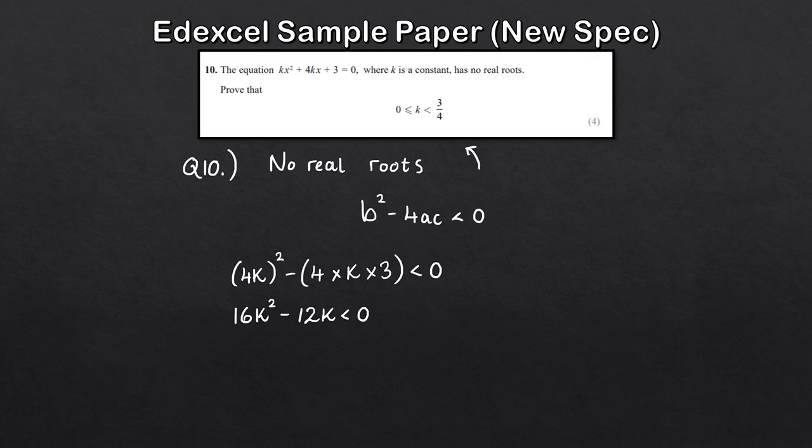And just a quick point here, if you take a look at the inequality, it must be greater than or equal to 0. So why is it equal to 0? Well, if we take a look at our quadratic again, what happens when k equals 0? If k equals 0, then kx squared is 0, the 4kx is also 0, and I get a contradiction: 3 equals 0.